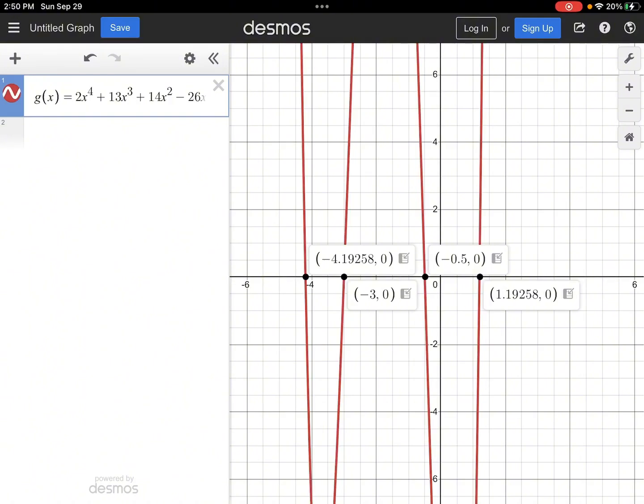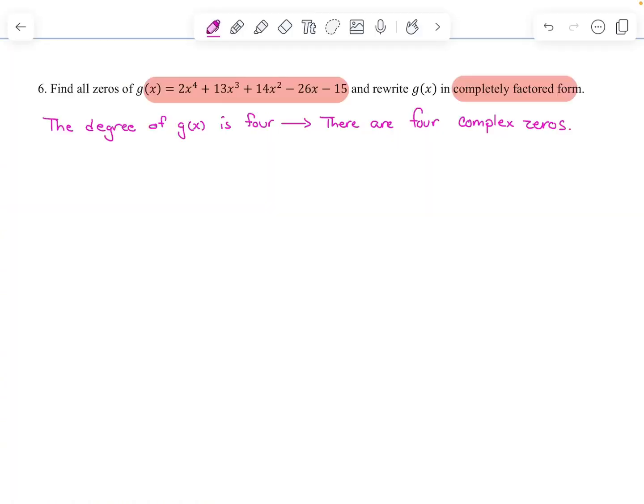There's a 0 at -3 and a 0 at -1/2. And we're going to use those 2 zeros to find the exact values of the other 2 zeros. So from Desmos, x is equal to -1/2 and x is equal to -3 are zeros.